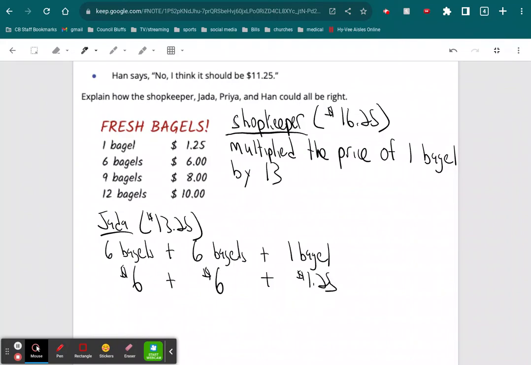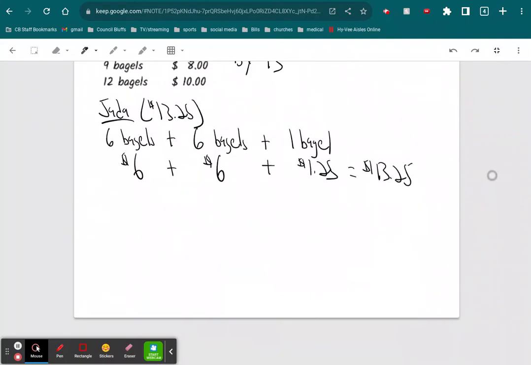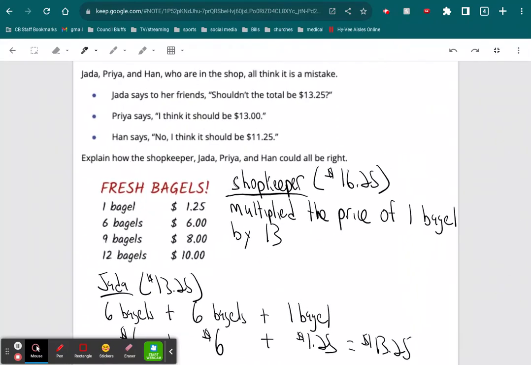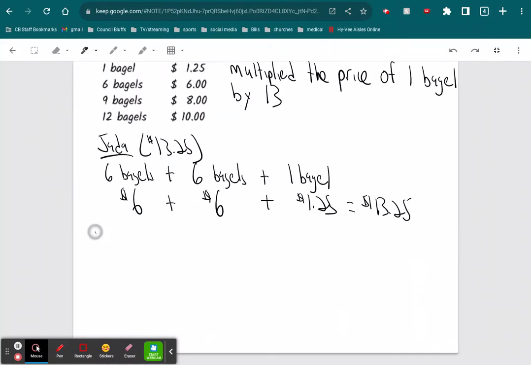If I add all that up, that's $13.25, which was the total that Jada thought it should be. So we've shown how Jada could be right.